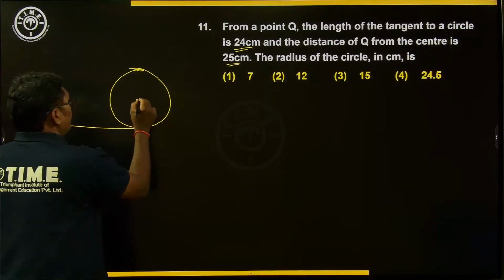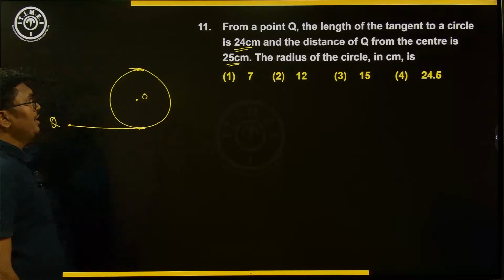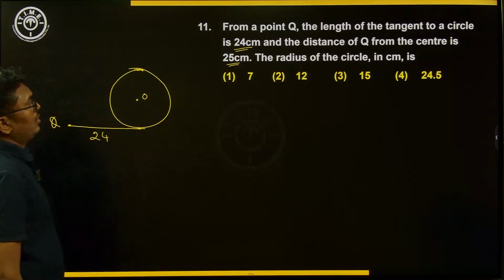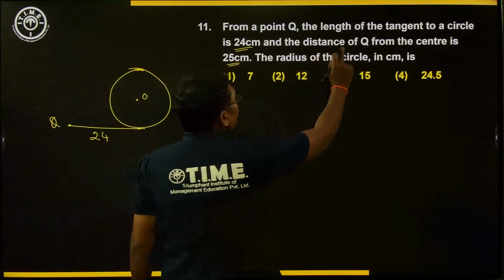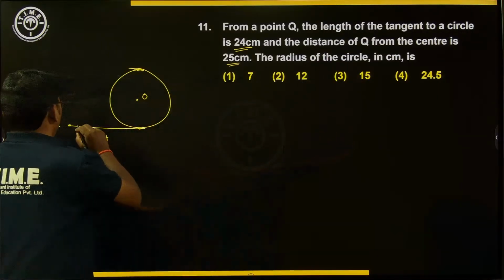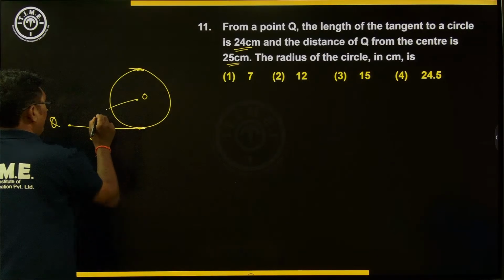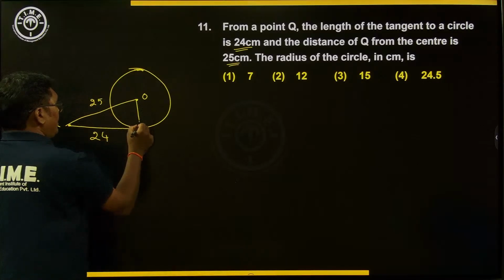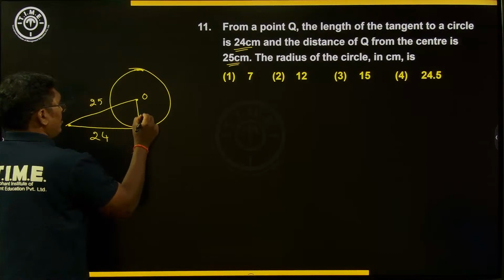Let us say the center is O. This length is 24. Next, the distance of Q from the center is 25. You have to find the radius. So the radius, how much is this?